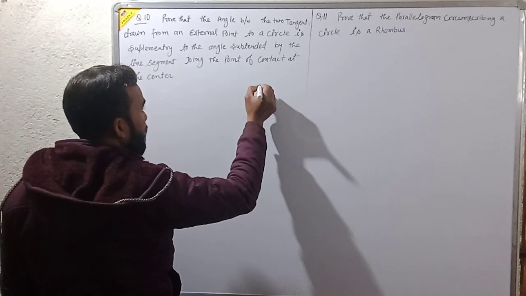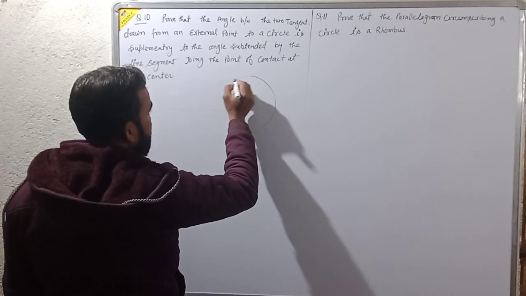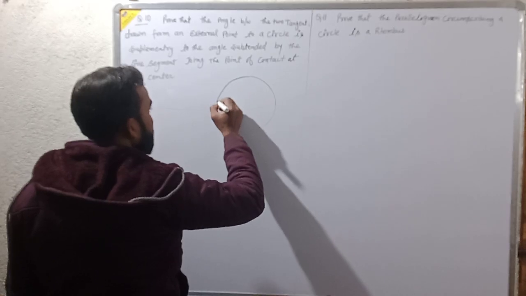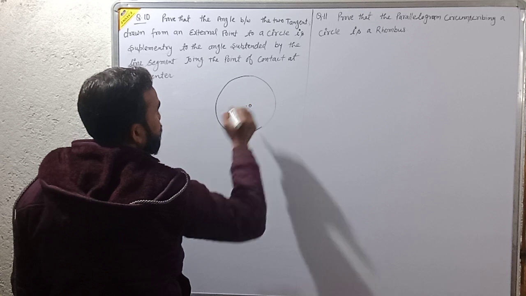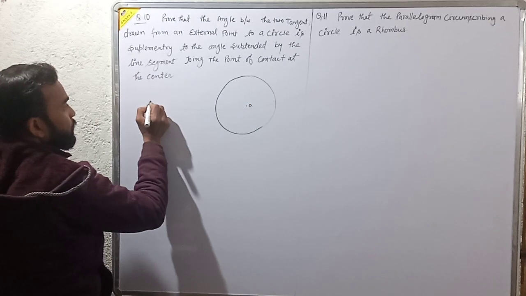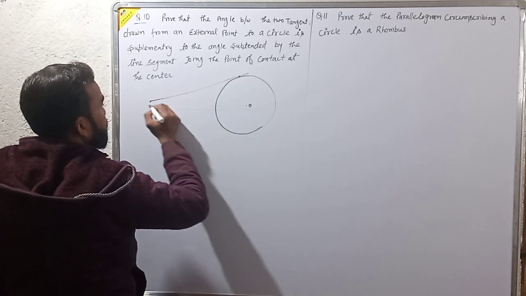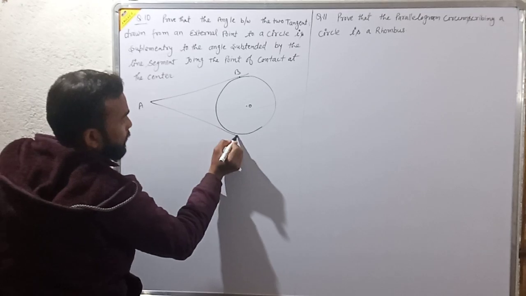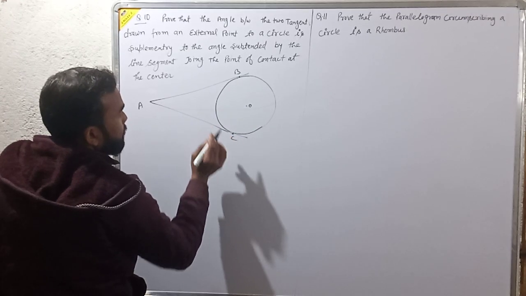First we draw a diagram from the given information. This is the circle with center O and two tangents AB and AC are drawn.